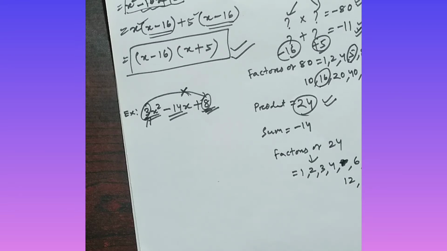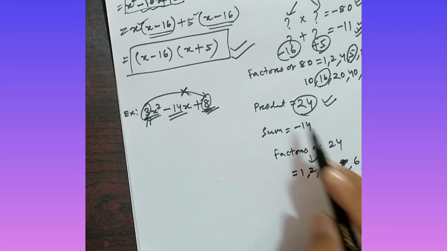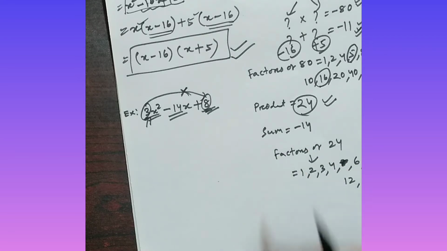Now out of these factors, which two numbers should you consider, whose product is plus 24 and whose sum is minus 14? Think about it. What two numbers multiply to plus 24 and add to minus 14? Obviously, it is minus 12 and minus 2.